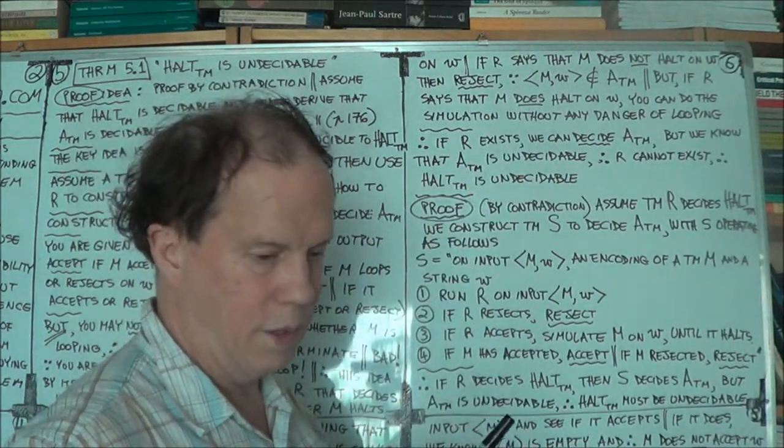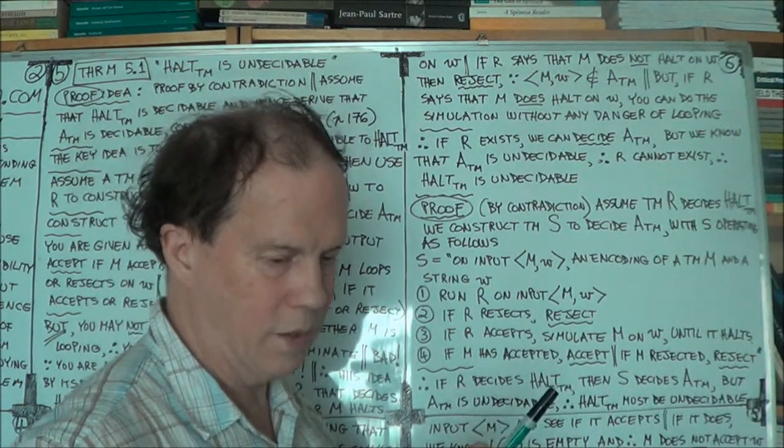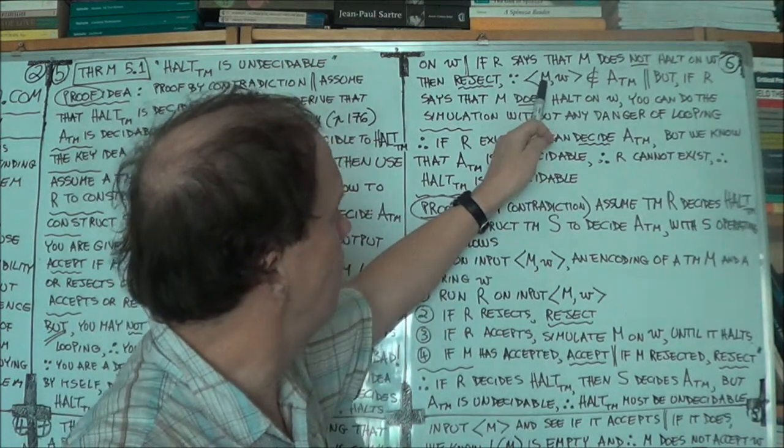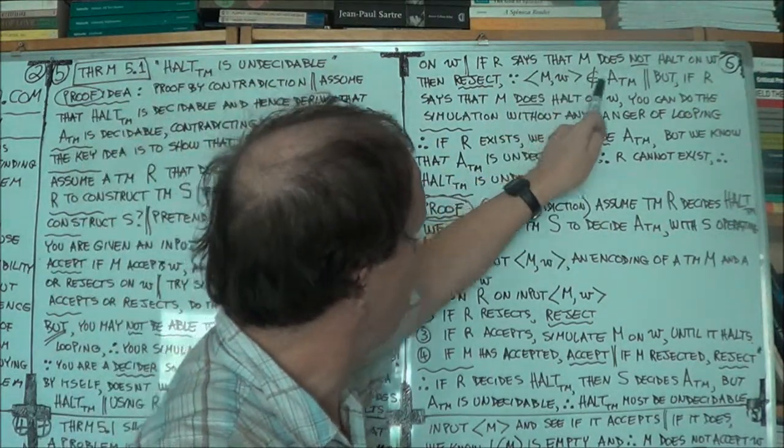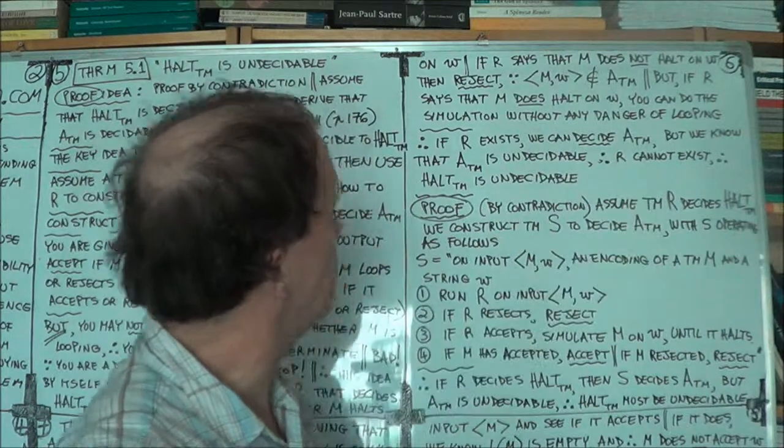So therefore you reject that it's accepting, that M cannot be accepting W. Okay, so we know that that ordered pair is not a member of that language.